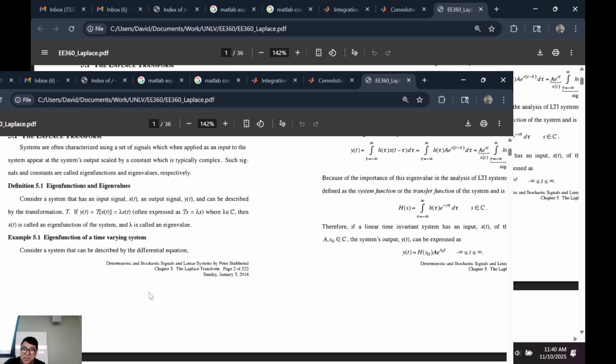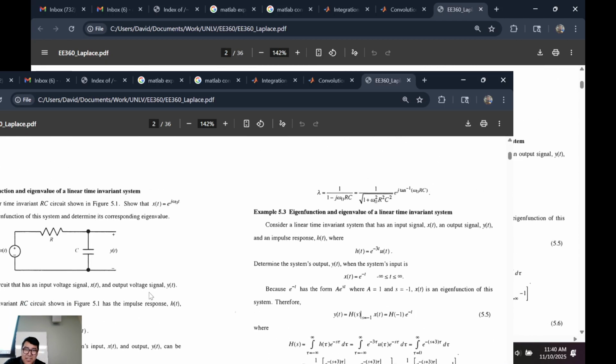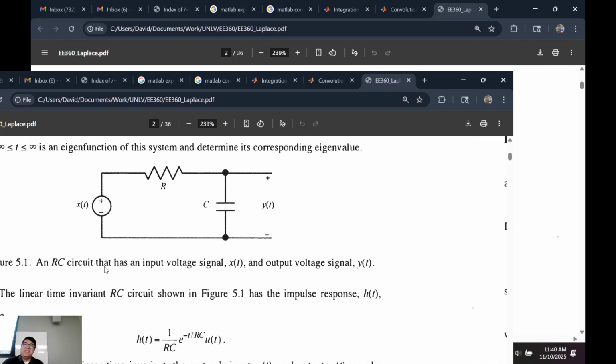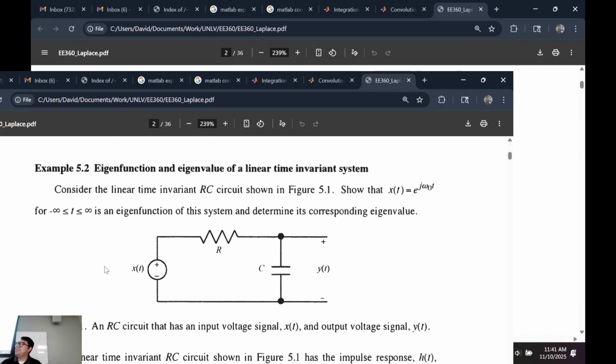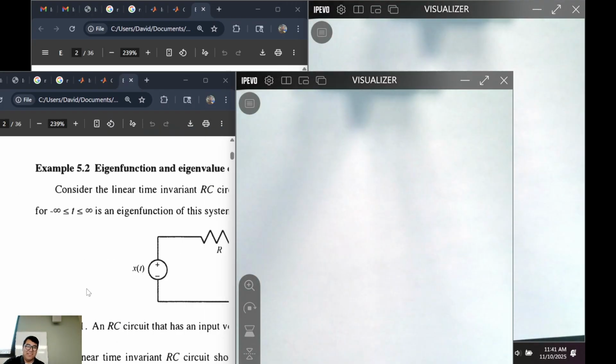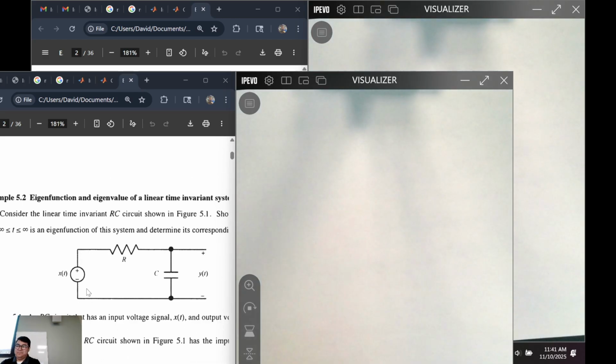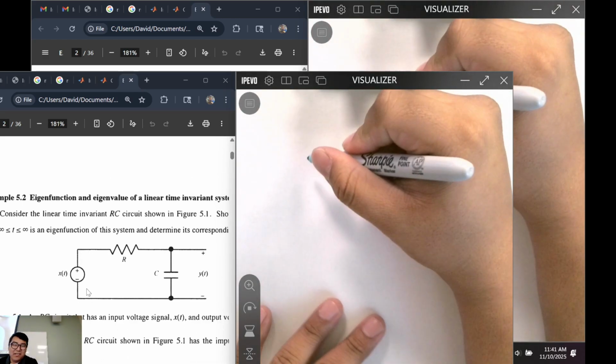You guys already went through all this. You like this little example right here, right? RC filters. Let me just recall without going too crazy.